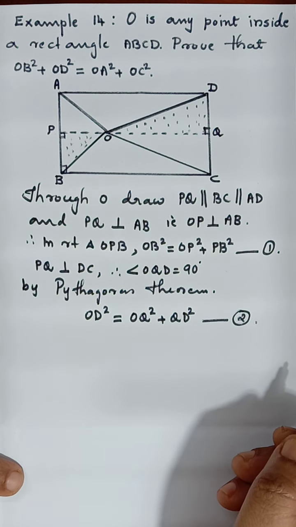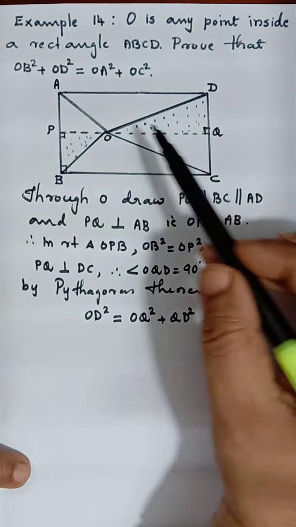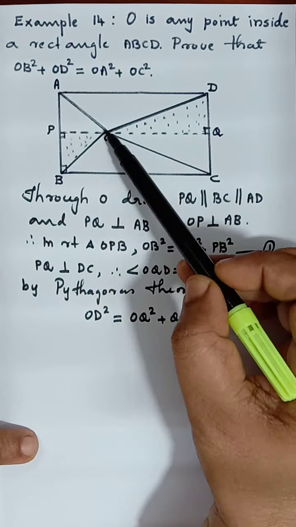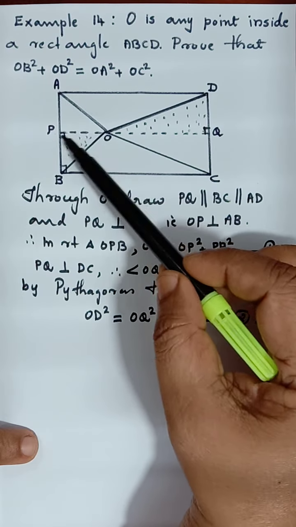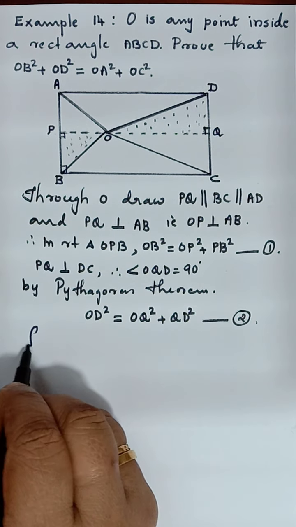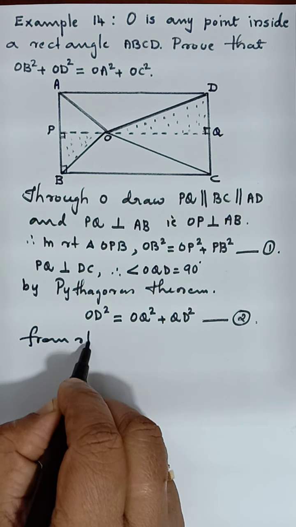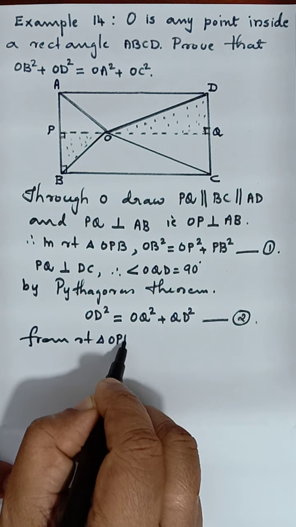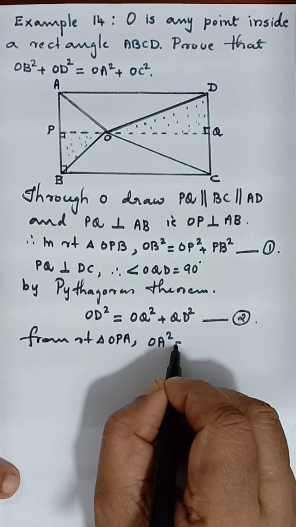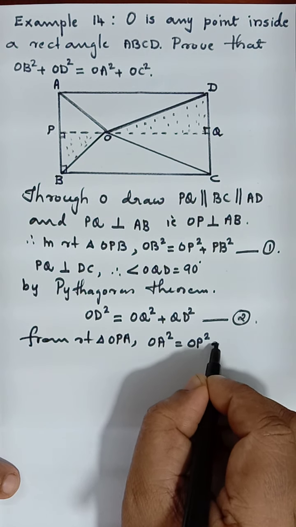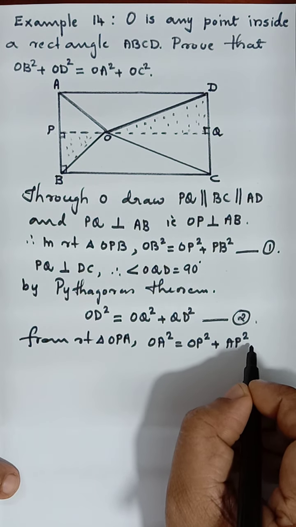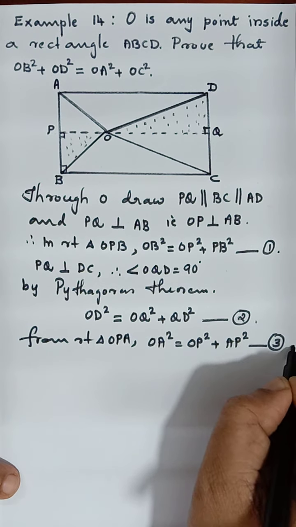Similarly, we can have other equations also. On the right side we have OA square and OC square. It's very clear for OA square, from right triangle OPA, OA square is equal to OP square plus AP square. This is 3.